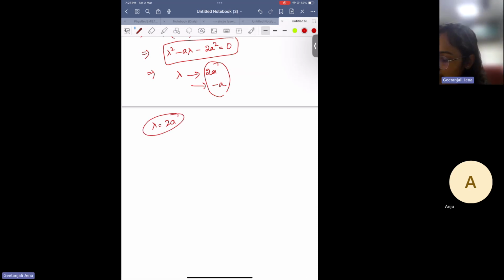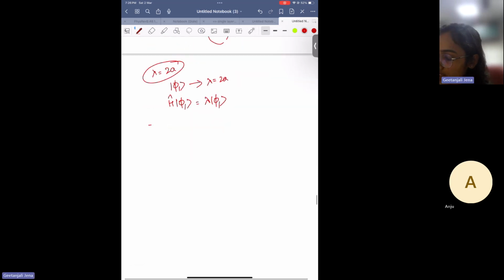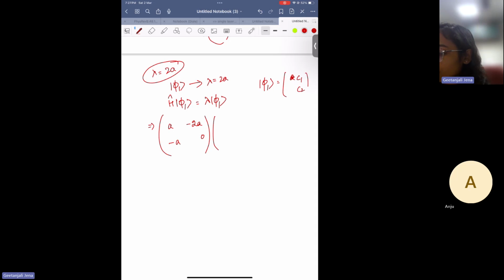So for that, let's take phi 1 as the eigenstate, with eigenvalue lambda equal to 2A. That means H phi 1 equals lambda phi 1. H is A, minus 2A, minus A, and 0. Let's take phi 1 as some unknown terms, C1, C2.